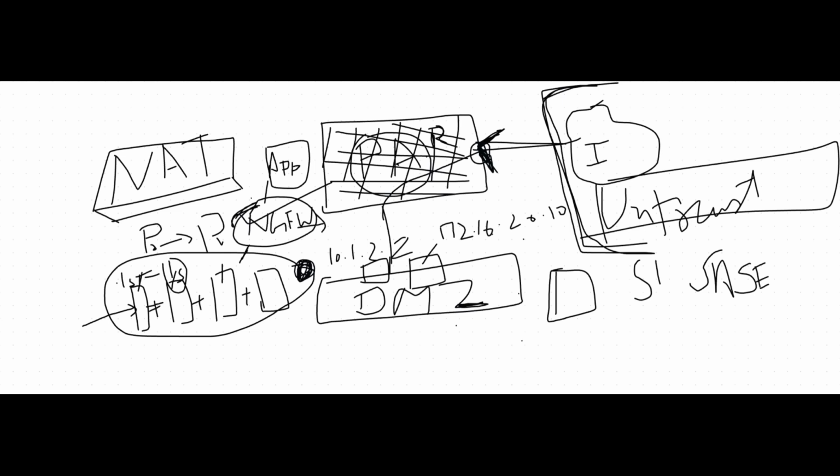I think you have a question. Yes. What is the difference between next generation firewall and UTM? And is Sophos firewall, Palo Alto firewall, and Fortinet firewall the same as a next gen firewall or a UTM firewall?